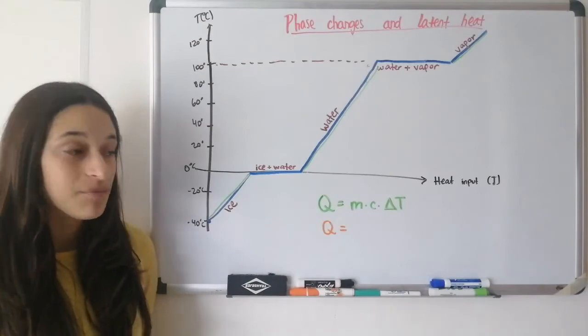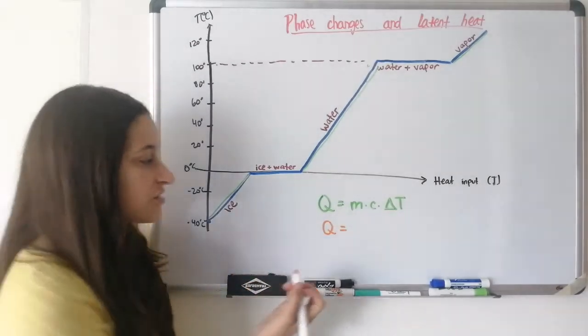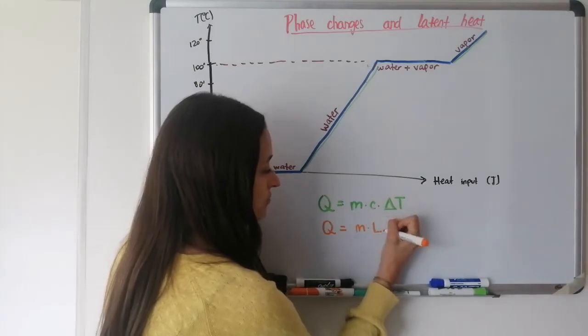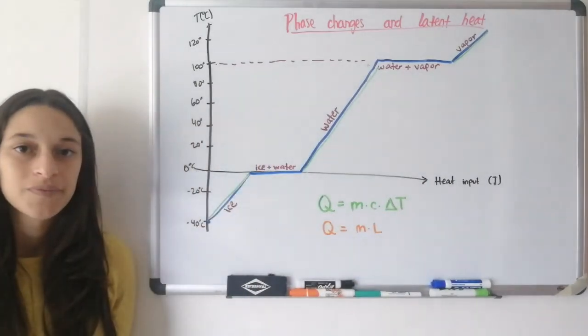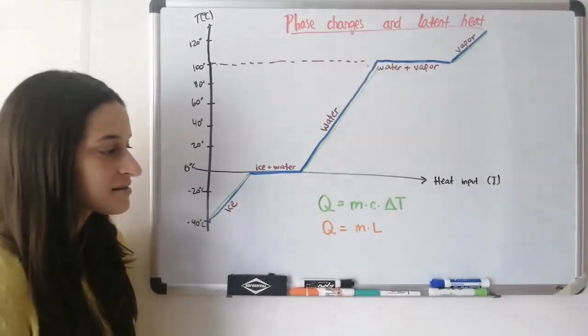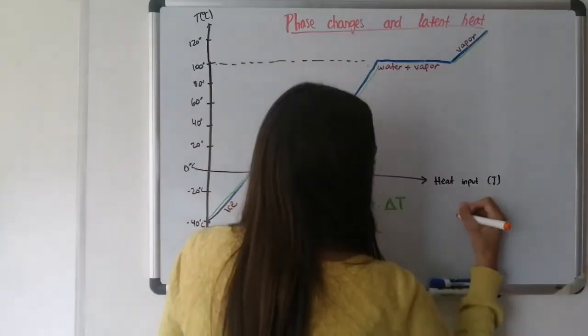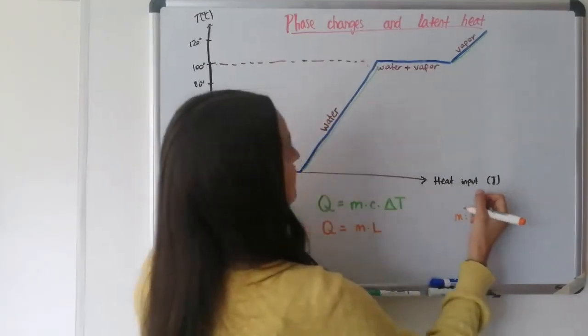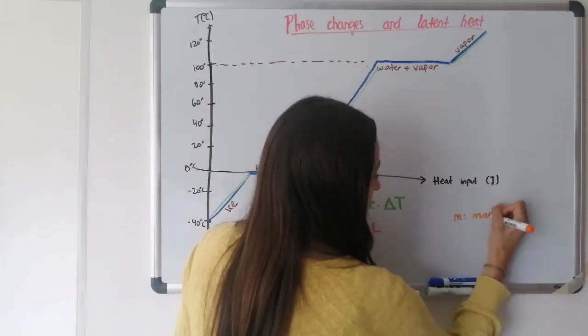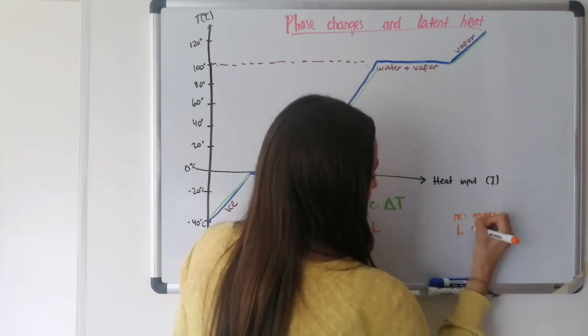So we don't need a temperature. Actually, this equation is very simple. It's M times L. That's it. M times L. So M is the mass, and L is called latent heat. So that's what gives the title to this unit.